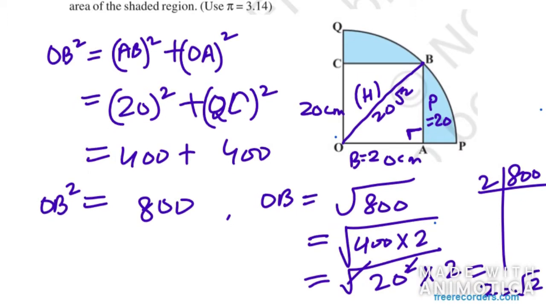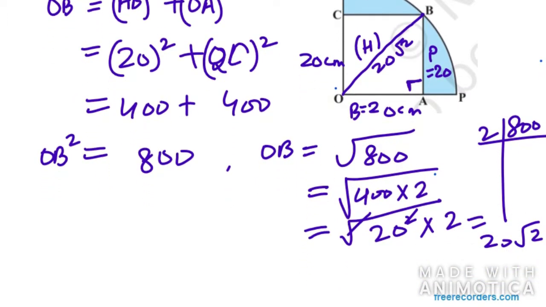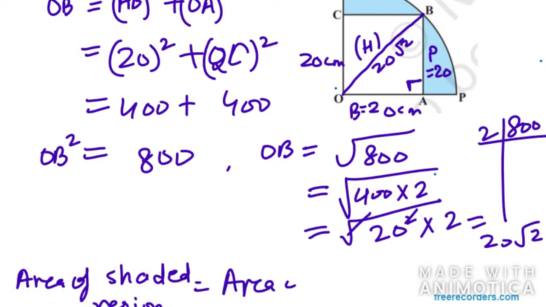Now for finding the area of the shaded region, we take area of shaded region equal to area of quadrant minus area of square. So that will be your shaded region.